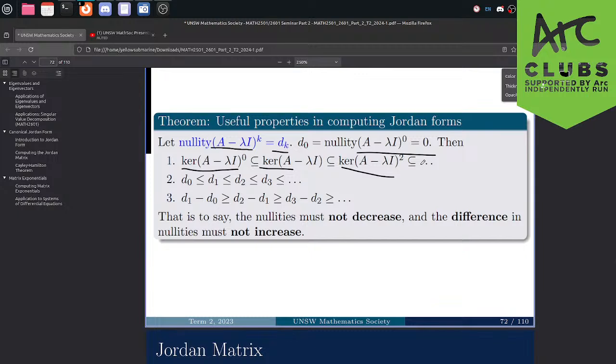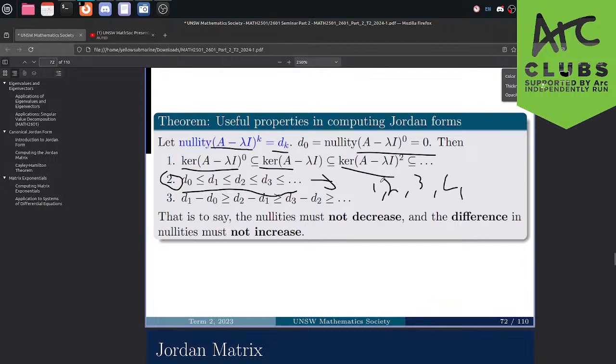So what must happen firstly? This first property is kind of clear. The dimensions of the kernels of (A minus lambda I) to the k have to increase. Something like 1, 2, 3, 4.